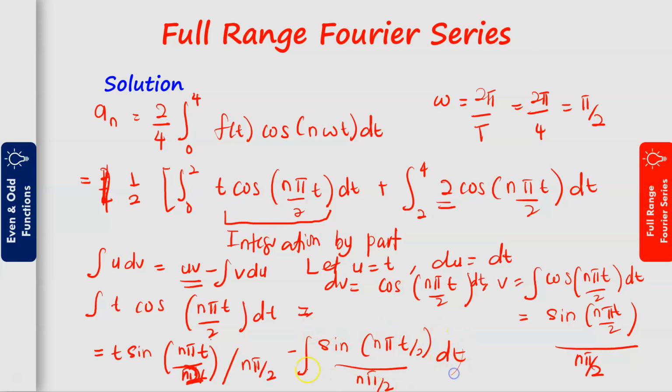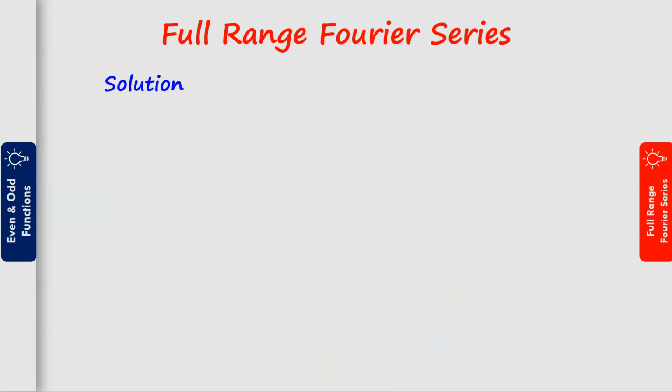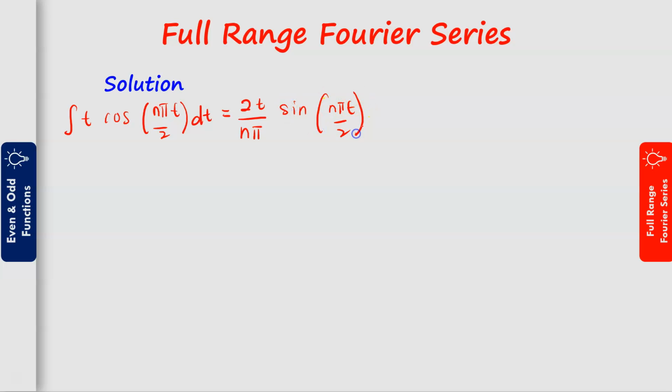And then for this one, we have to integrate this function. We have the integration of t cos n pi t over 2 dt is equal to, if we simplify, 2t over n pi sine n pi t over 2, and then minus 2 over n pi.